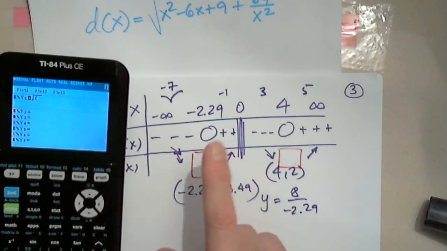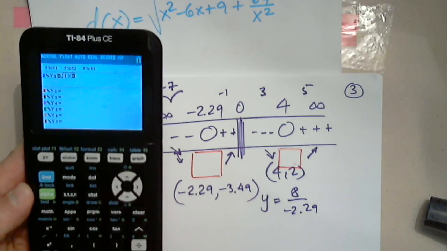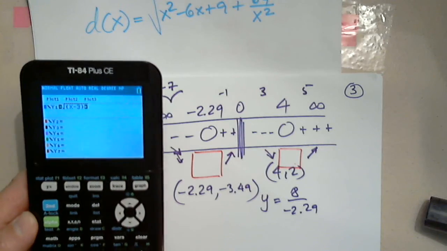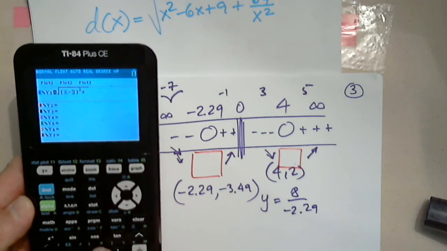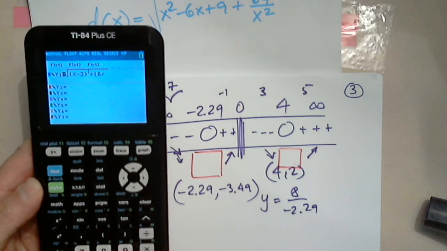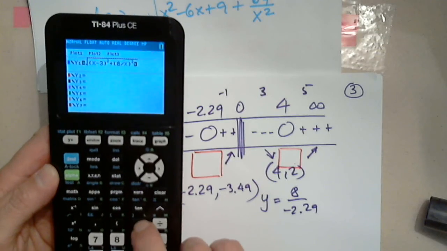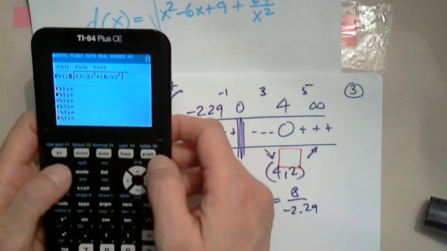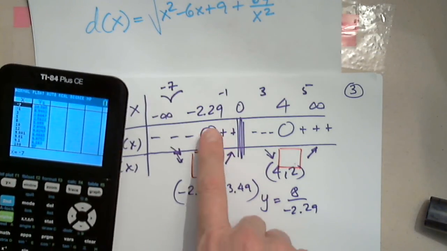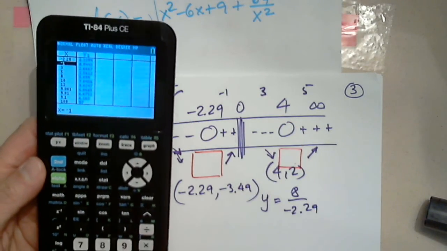Okay, so x in parentheses, x minus 8, x minus 3, everything squared, plus, in parentheses, 8 divided by x, and everything squared. Don't forget to close the parenthesis under the square root, second and table. Okay, I plug in negative 2.29, and I plug in 4.